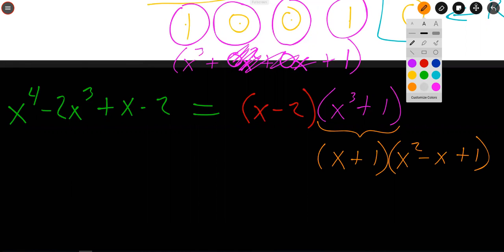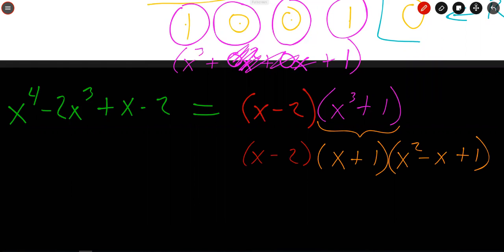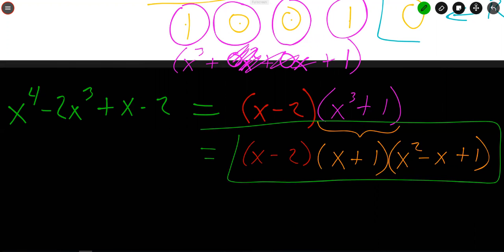I've broken that sum of cubes into two pieces. And lastly, I can bring down the other piece, x minus 2. And now I've fully factored this polynomial. x to the fourth minus 2x to the third plus x minus 2 factors into x minus 2 times x plus 1 times x squared minus x plus 1. And now it's fully factored.